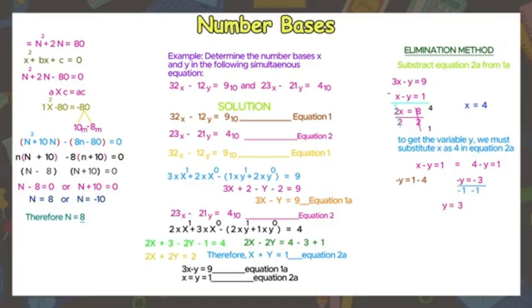So the two bases are 4 and 3. That is, x is 4, y is 3. So that means we're having 32 base 4 minus 12 base 3 equals 9 base 10. And the second one, we're having 23 base 4 minus 21 base 3 equals 4 base 10.